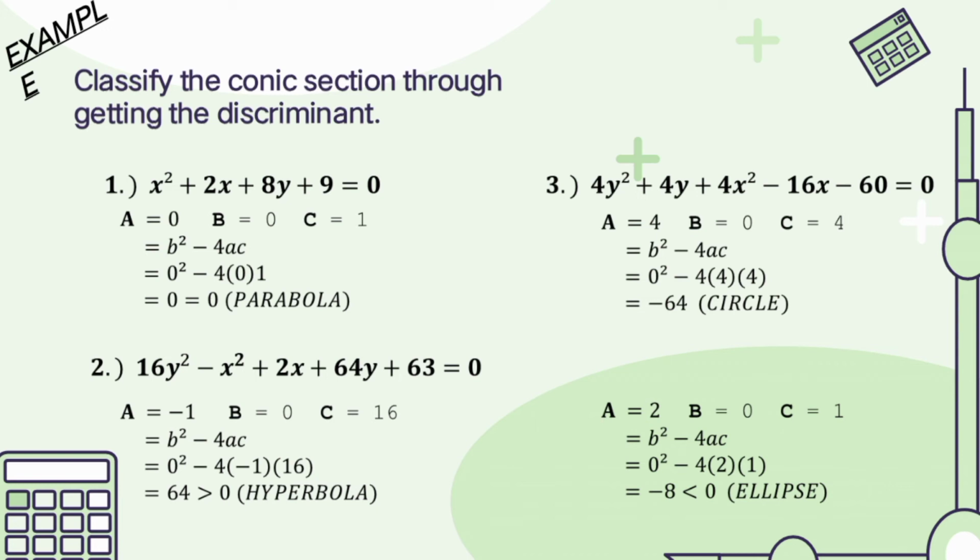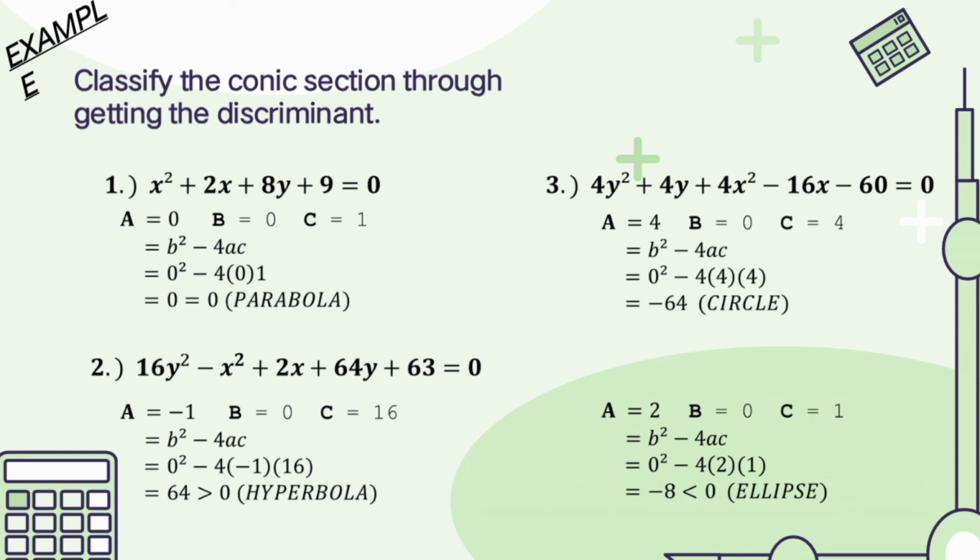We use the discriminant formula, B squared minus 4AC, and substitute all the values of A, B, C. We don't have B, so 0 squared minus 4 times A, which is 4, and C, which is also 4. So we get D is equal to negative 64.